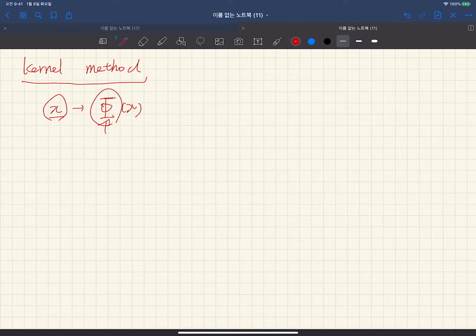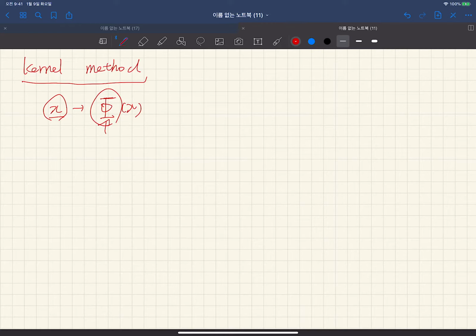In the support vector machine, essentially we use the inner product between the new input and the previous existing data. So we basically use the inner product between xi and xj, or xi and x.